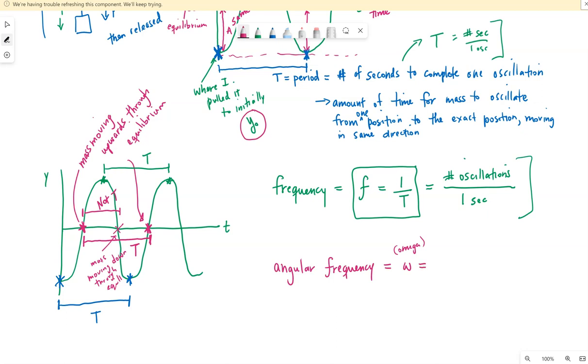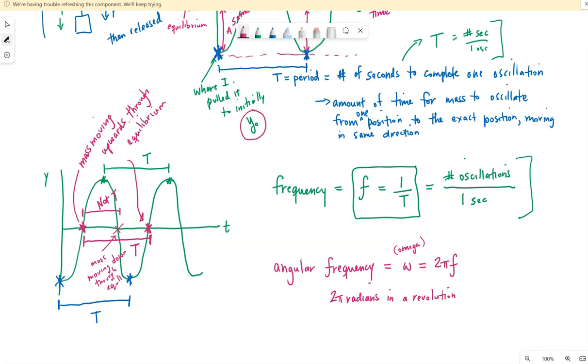You might recall that to convert between, say, a revolution and a radian was the factor of 2 pi, because we know there's 2 pi radians in a revolution.